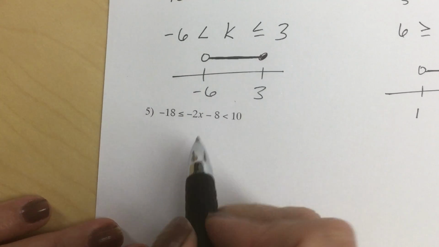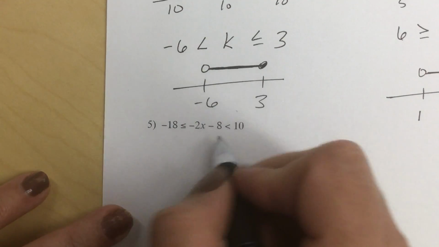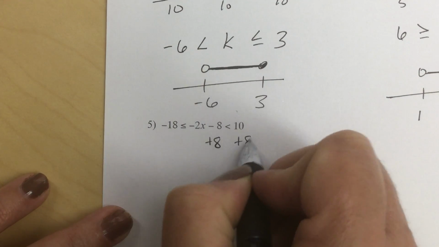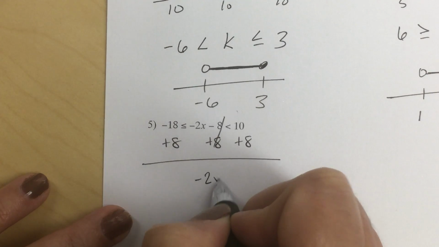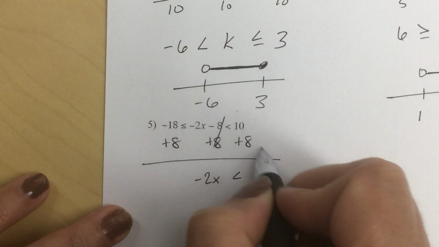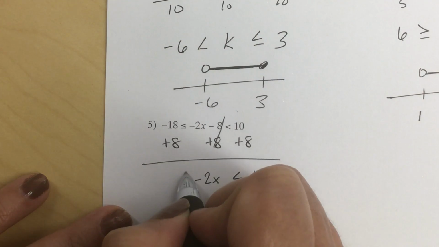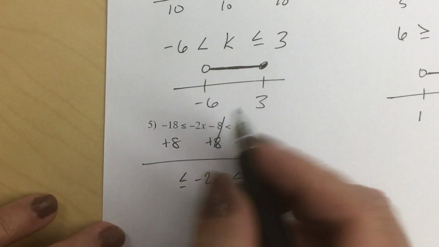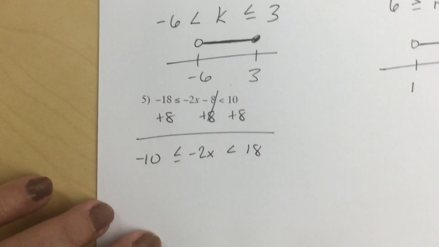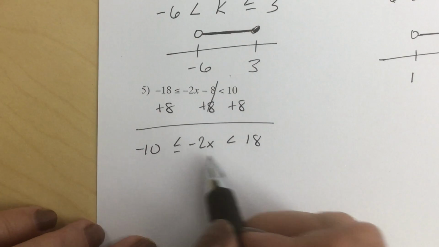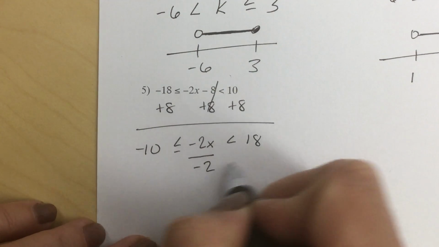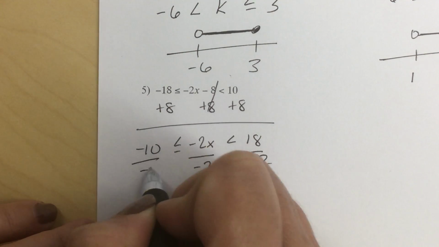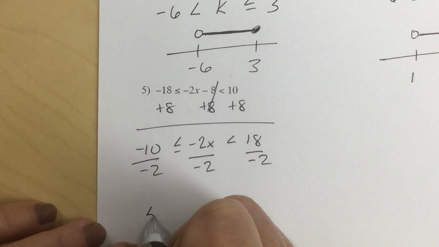Last example, we have a negative 2x minus 8 in the middle. So I'm going to add 8 to all three sides. So I have a negative 2x in the middle. 10 plus 8 is 18. Negative 18 plus 8 is negative 10. So now in the middle I have something different. I have a negative 2x. So I need to divide everything by negative 2. That's going to give me a positive 5.